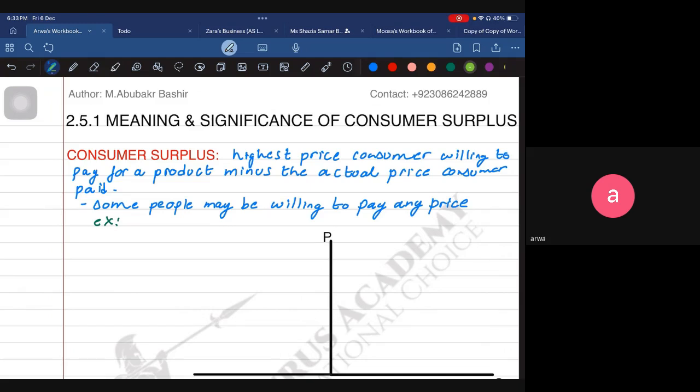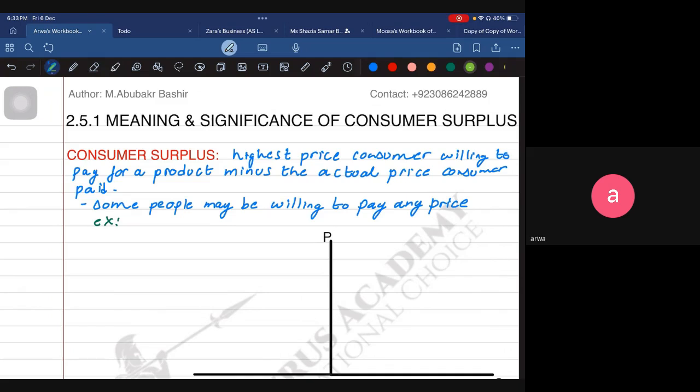So those who are paying more, why are they paying more? Maybe they are brand conscious. Yeah, brand loyalty. Maybe they have a passion towards something, like attending a concert at a very high price just because you like the singer.